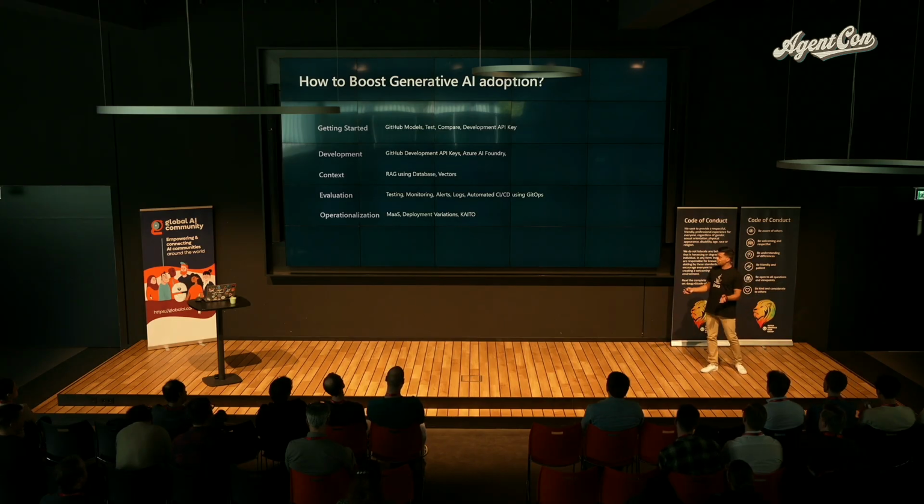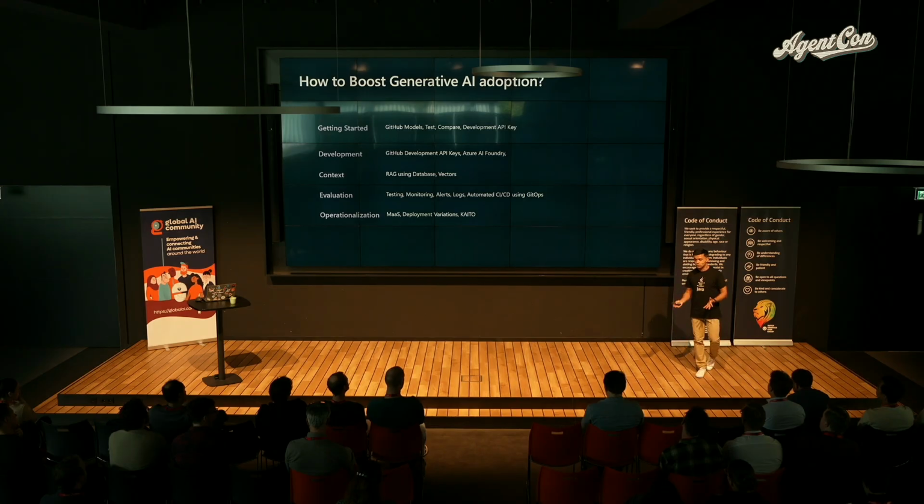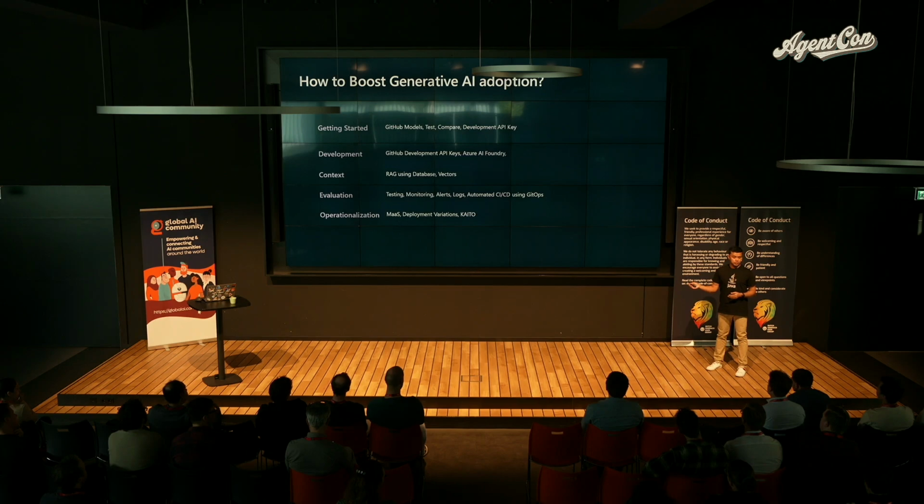And lastly, think about your operationalization: model as a service, or deploy as a container, or deploy as a VM, which I haven't talked about, but you can also host it in a VM, to be honest. There is KAITO to help you do it on Kubernetes, which in my opinion is the most favorable way if you want to scale higher than what you expect right now.